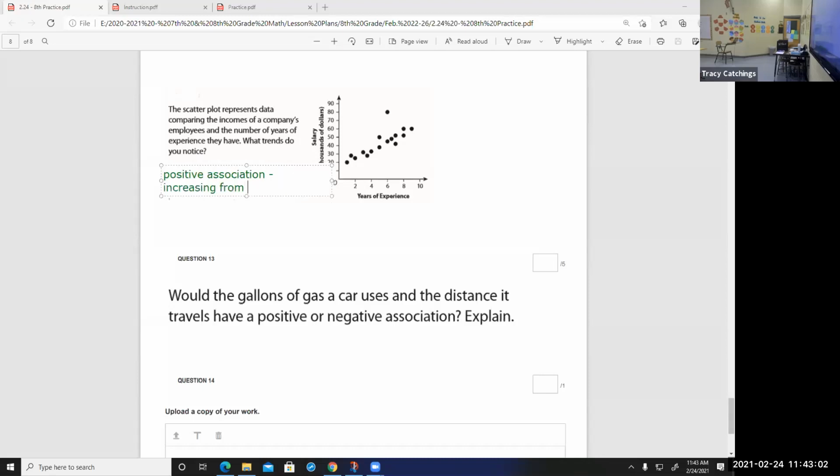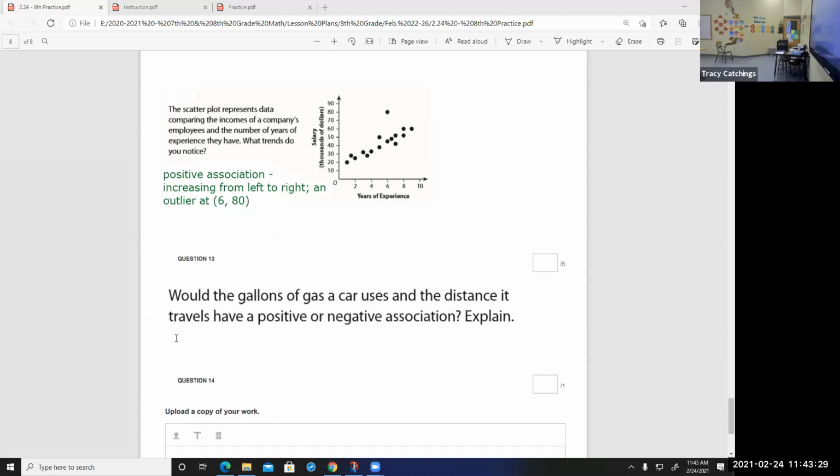Anything else you notice? All right, outlier at 680. Anything else to notice? It didn't start at 10, but that's fine.